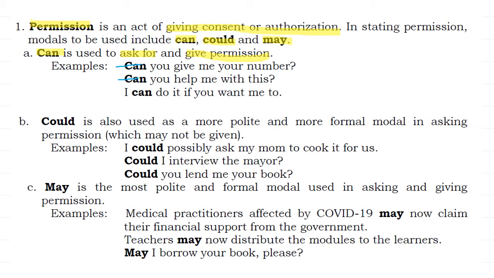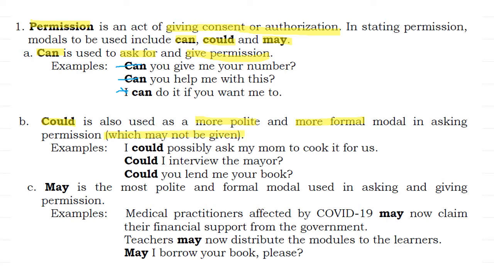And then the third sentence gives permission to do something for someone if he or she will be allowed to do so. The next modal for permission is could. Could is also used as a more polite and more formal modal in asking permission, which may not be given.